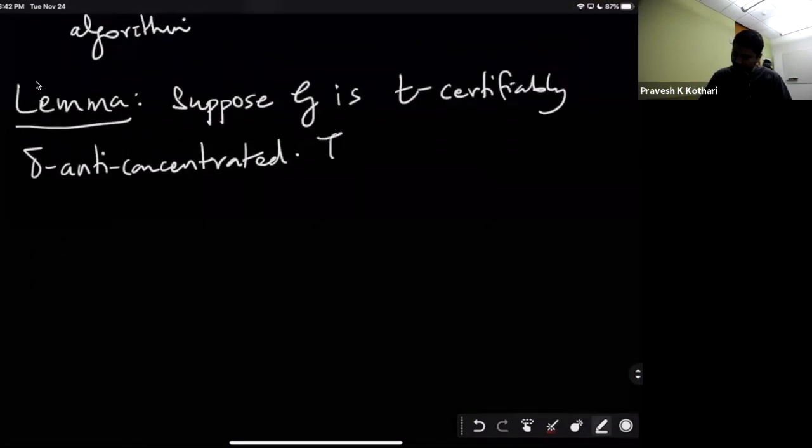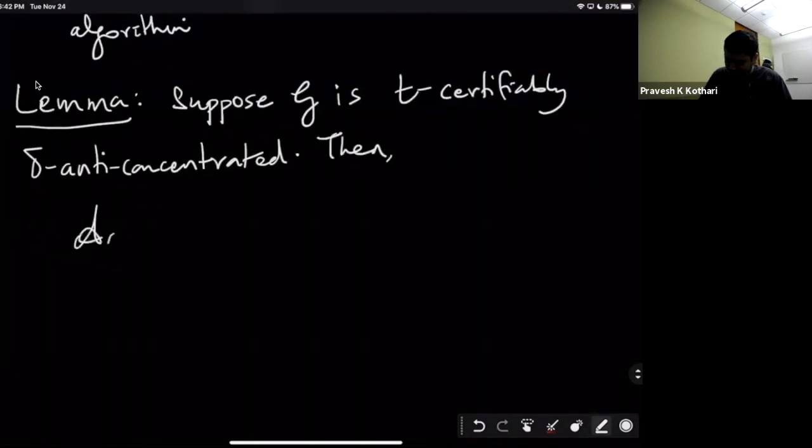Then, remember our constraint system AWL, we're going to prove that this derives in degree T the following fact.